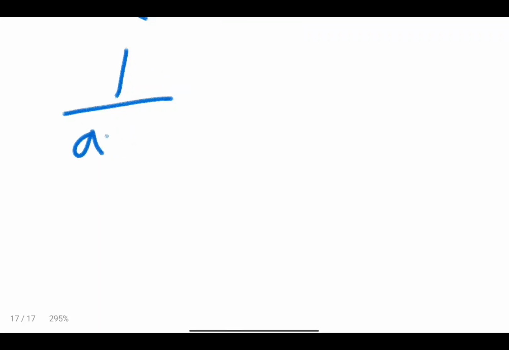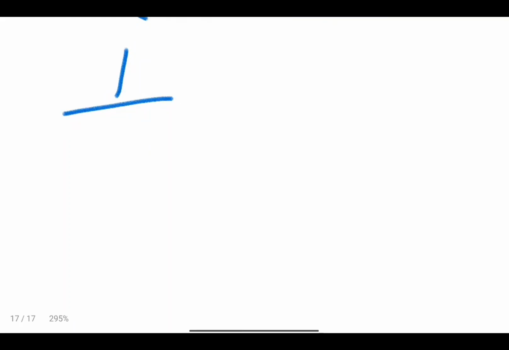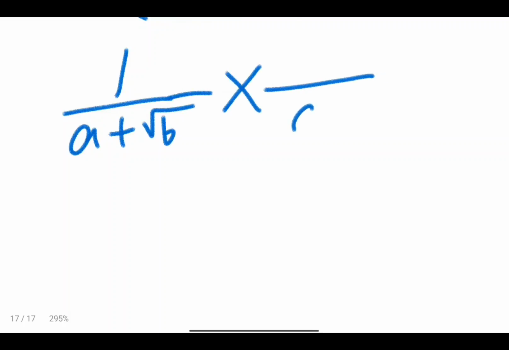It will turn to a root b plus b. And we can forever continue this, and there will always be a root in the denominator. To solve this problem, we will multiply it with this.